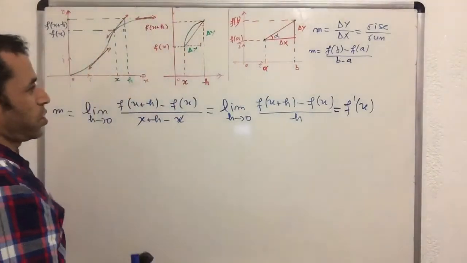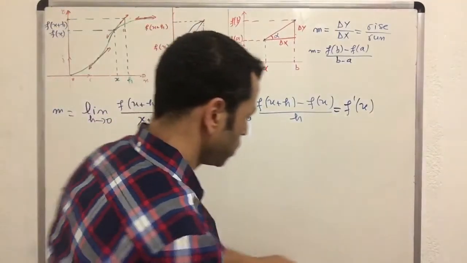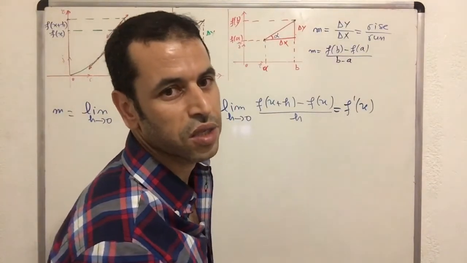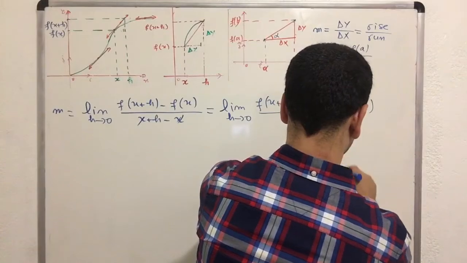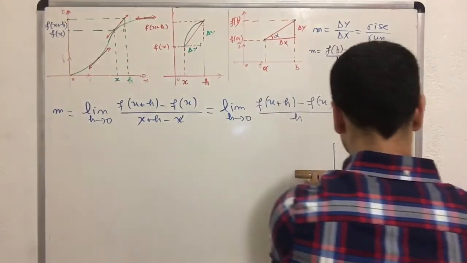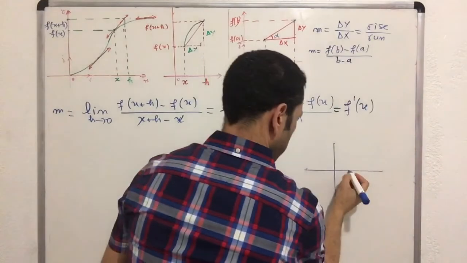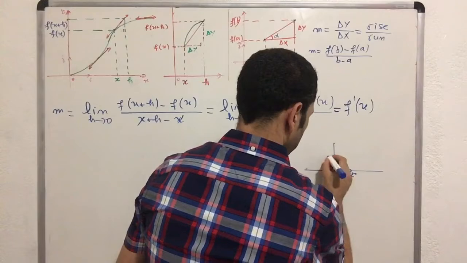So what to do next? Next, we are going to see the cases where our function is not differentiable at some points. Let's see one example first. We have the origin here.